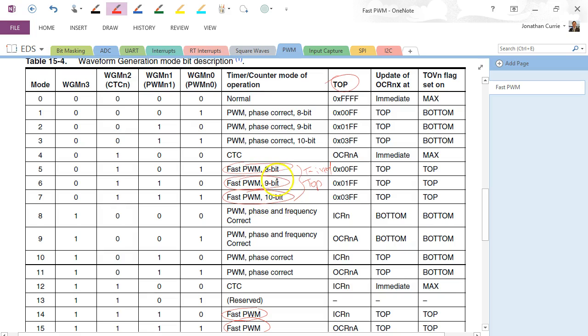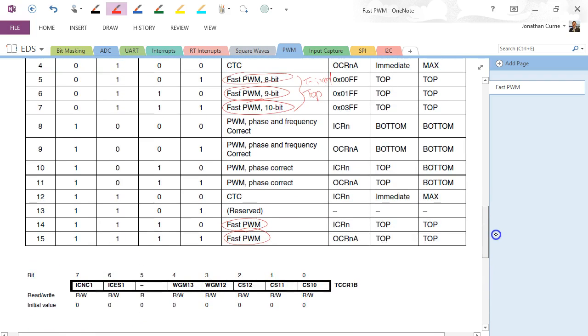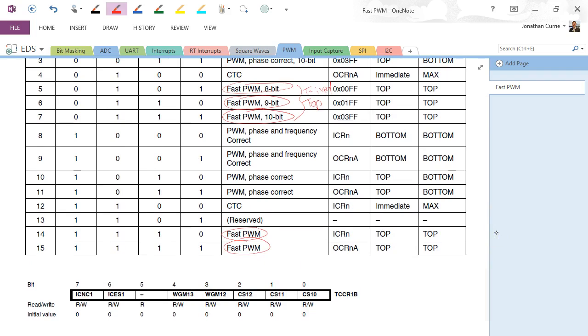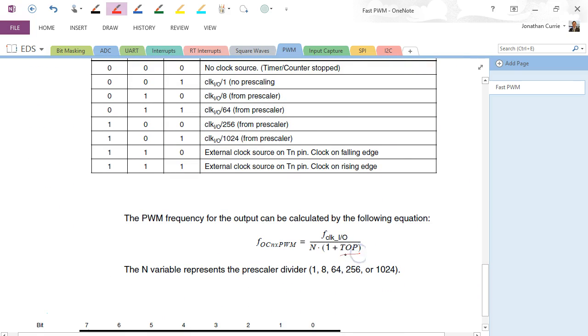Now that only affects the frequency at which your PWM generation is at. It also affects the resolution, which is how accurate or the smallest changes you can make to the duty cycle. The larger that number there, then the more precise your accuracy can be. But it also affects the frequency. So as we see here, the PWM frequency for the output can be calculated from this formula.